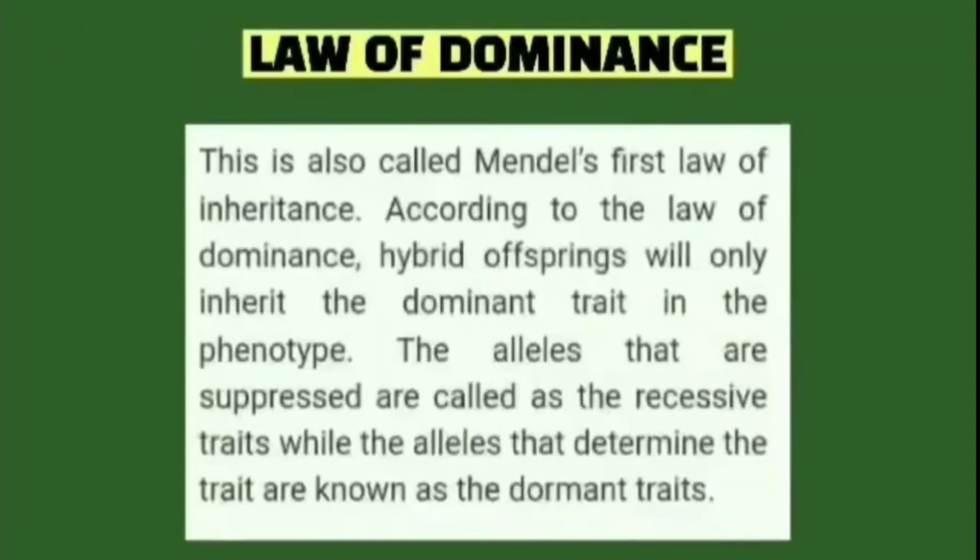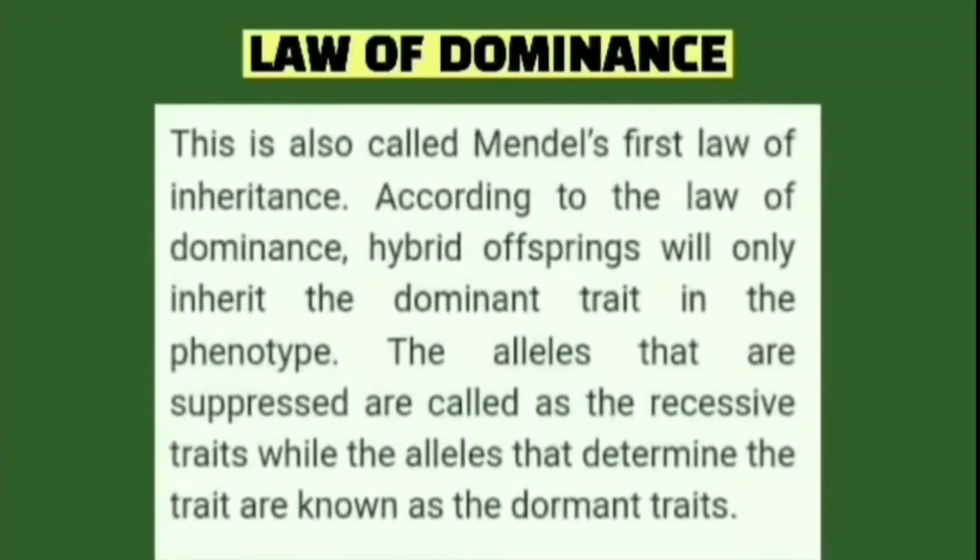Law of dominance. This is also called Mendel's first law of inheritance. According to the law of dominance, hybrid offspring will only inherit the dominant trait in the phenotype. The alleles that are suppressed are called the recessive traits, while the alleles that determine the traits are known as the dominant traits. Law of segregation.